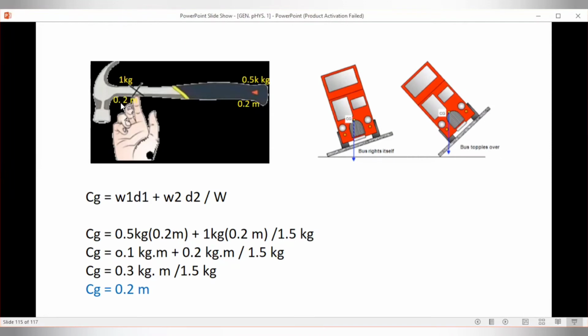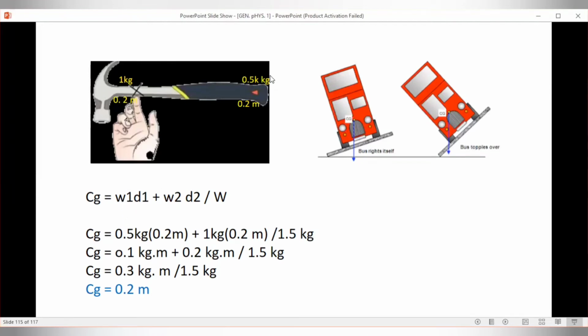Let's assume that the length of the head, or of the metal part, is 0.2 meters. However, the wood part is 0.2. By substitution, you will just substitute.